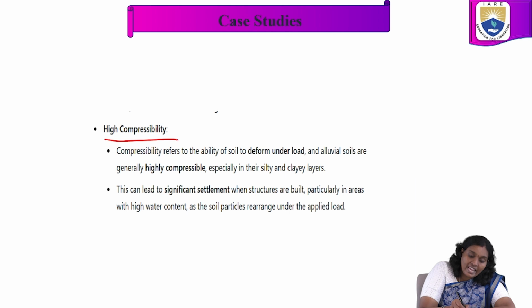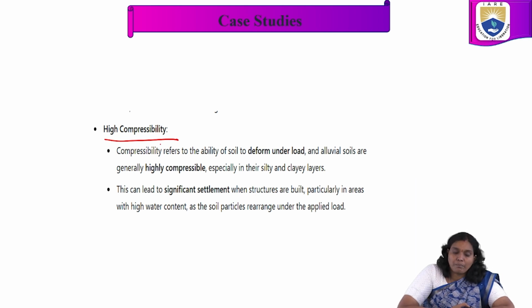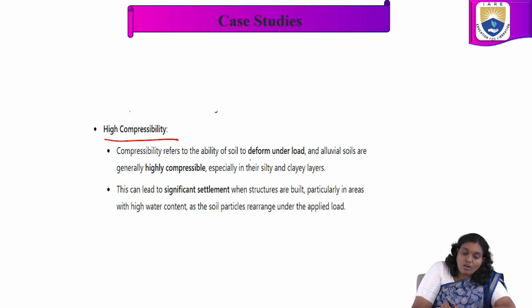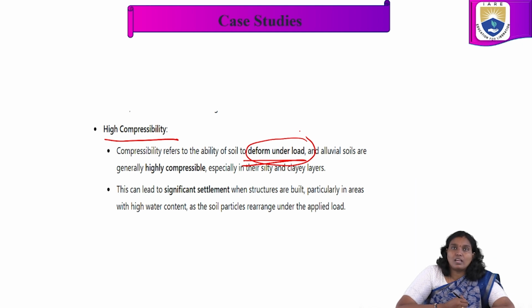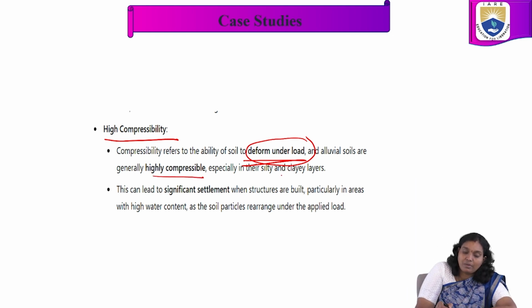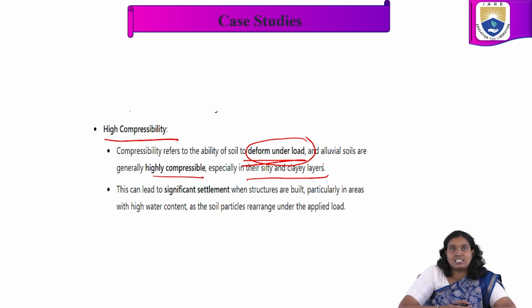Because of this high compressibility: compressibility refers to the ability of soil to deform under load. So compressibility is nothing but deformation under load. High compressibility means it is going to deform highly, and alluvial soil is highly compressible, especially in its silt and clayey layers.